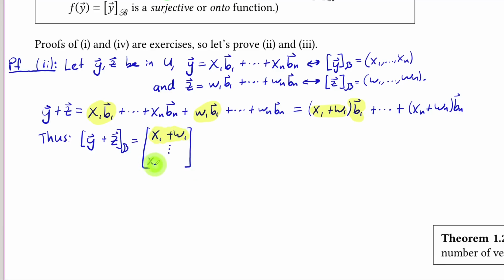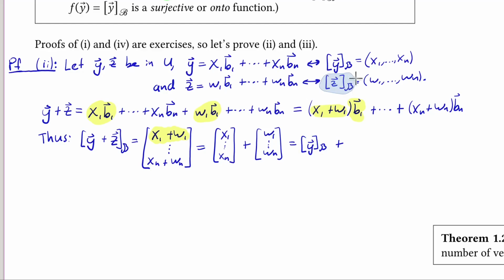So all the coordinates are the corresponding x plus w coordinate, because that is how you get the vector y plus z using the basis vectors as a linear combination. We could just write this as the x vector plus the w vector, or in other words, the B coordinates of y plus the B coordinates of z. And that is what we wanted to prove.